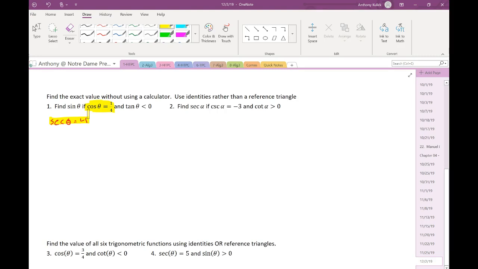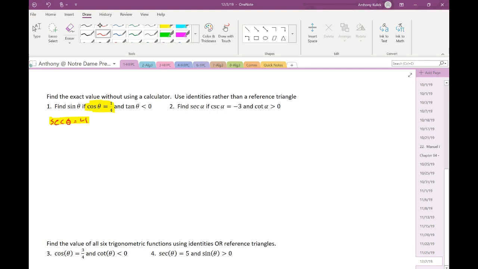All right. Now comes the tricky part, is we have to find the other 4. So the first 2 are easy. Whatever you're given and then its reciprocal are easy to get. We're going to find all 6 here because I think that's what I asked you to do on the test. So, if you can find 1, you can find 6.